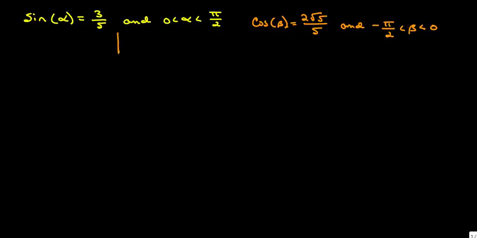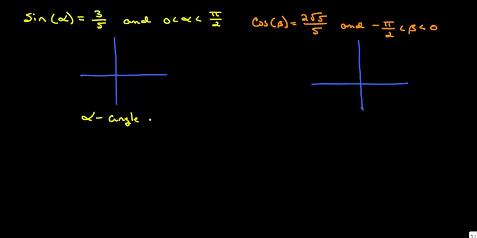Let's grab the same color that it was written in. Actually, let's go like this. Okay, for the first one, this is the alpha angle picture.